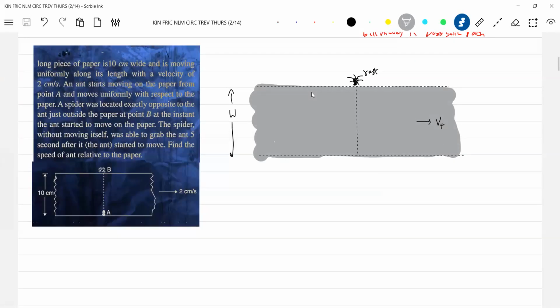So find the speed of the ant relative to paper so that it will directly be enjoyed by the spider. Okay, how it should move. So shall I put it in a simple way? It's a riverboat concept.